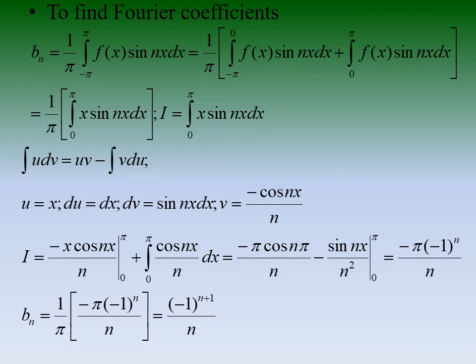Then if you integrate the second term, it is sin nx by n squared with the limit 0 to pi, and if you substitute the limit, this second term is 0. And cos n pi is nothing but minus 1 whole power n, so it is equal to minus pi times minus 1 whole power n divided by n. So b n is equal to, with the 1 by pi and substituting this value of I, minus 1 whole power n plus 1 divided by n.